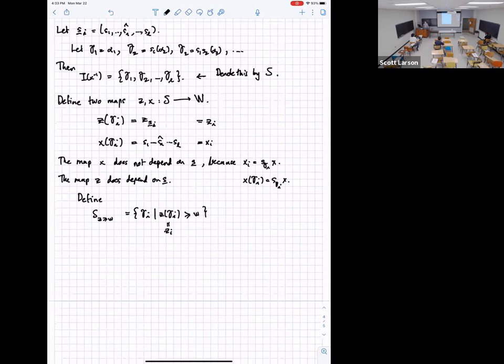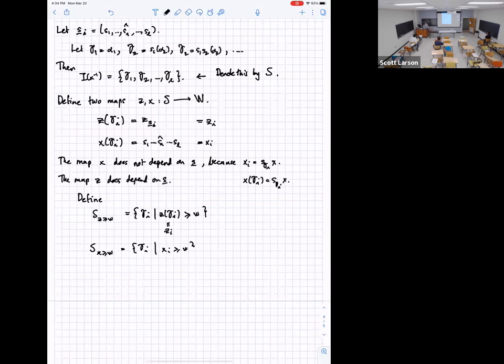Z and w can be thought of as, in the paper we use the term weights. They're not torus weights, but it's like a weight, a map to some kind of measure. Anyway, it's a set of elements whose Z map is bigger than w. And S of x bigger than or equal to w is the set of gamma i such that X i is bigger than or equal to w.